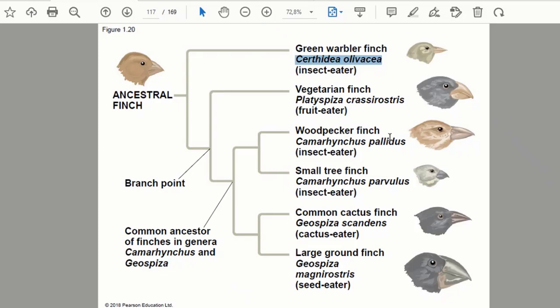They could not branch because of the common ancestor of finches in general, the communities and Geospiza. Here they are, and you can also notice here that the original common ancestor's beak was slightly tinier.